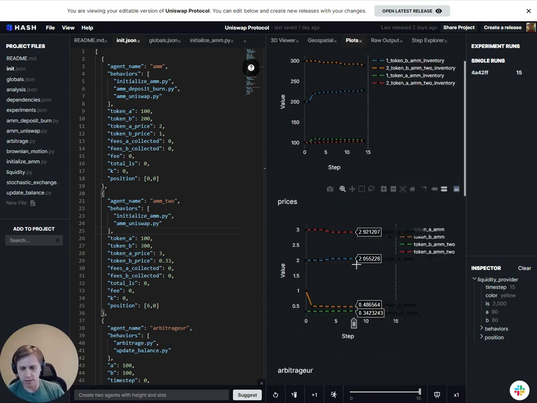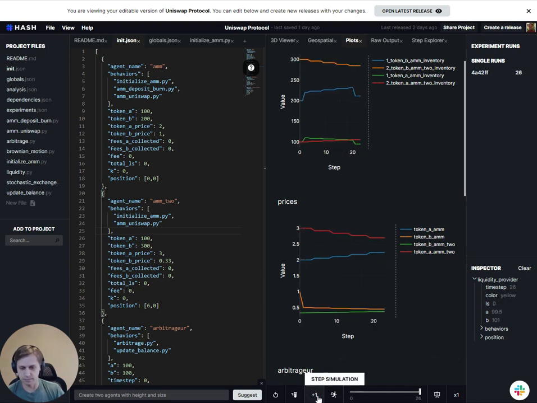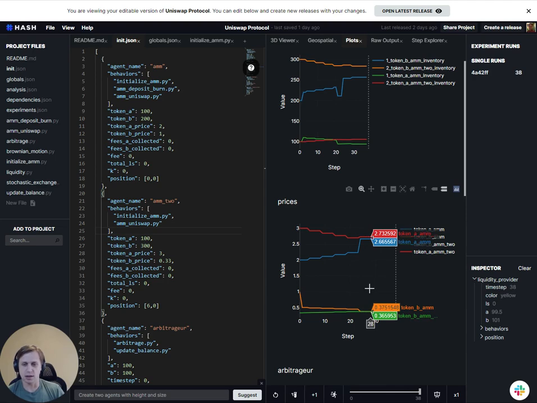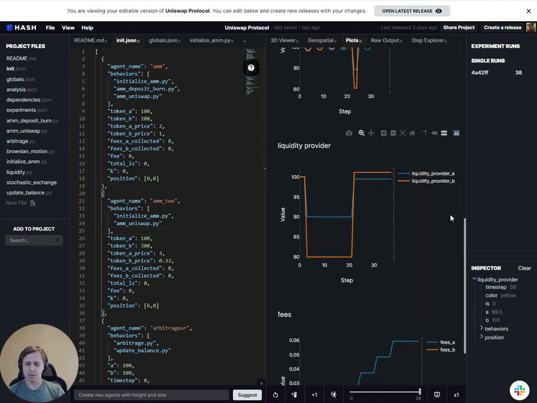And then here's a look at the prices on each exchange. So token A and token B for AMMs 1 and 2. Going a little bit further, just going to click through. Notice that huge jump here. That's because the liquidity providing agent withdrew its tokens from the AMM. It got them back, plus a little bit of fees.